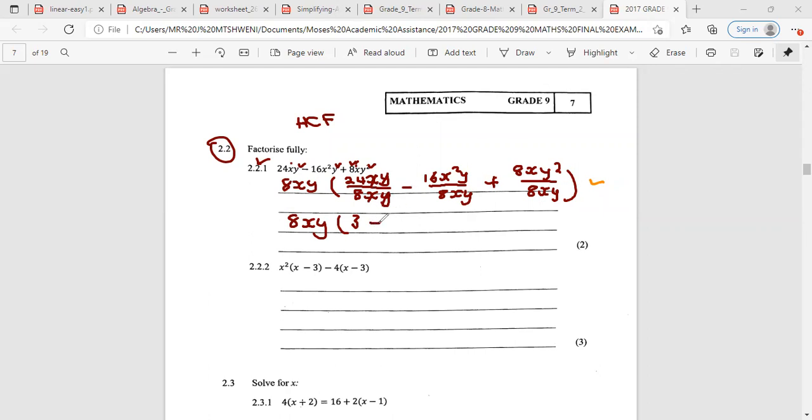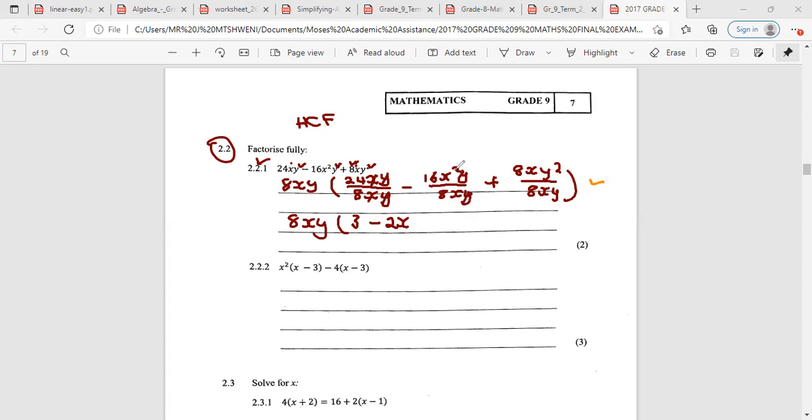Take your negative sign, then 16 divided by 8, you get 2. Having x squared and 1x below, when you divide powers of the same base, you subtract the exponents. x squared divided by x, you remain with x. y cancels y.